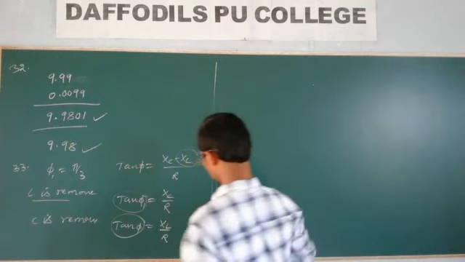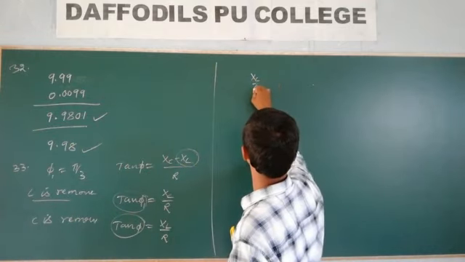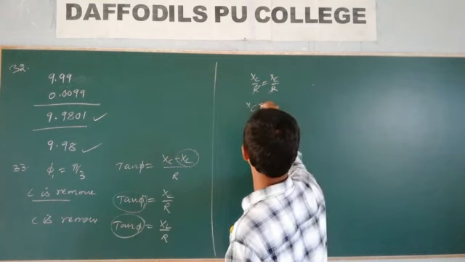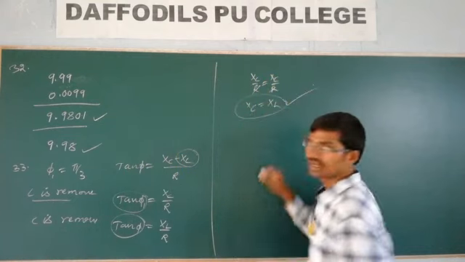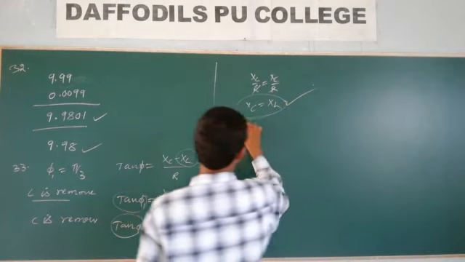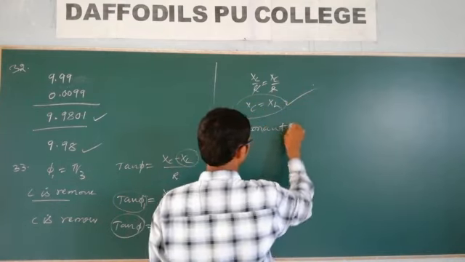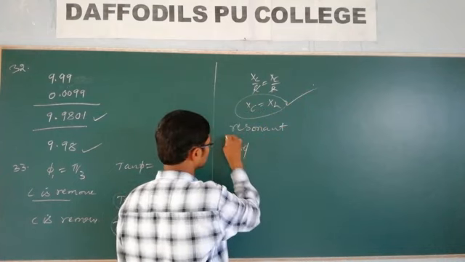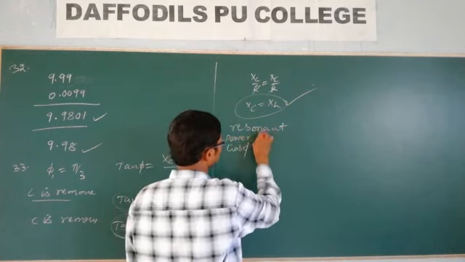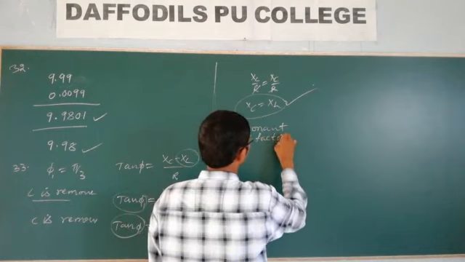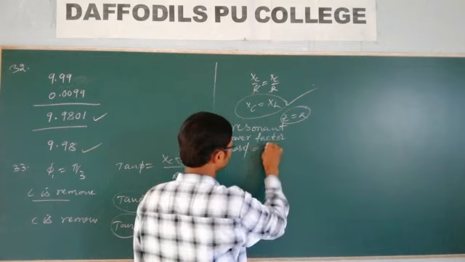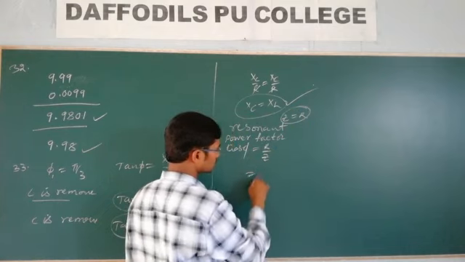Now, when C is removed, tan phi 2 is XL by R. But these two values remain the same, tan phi 1 equals tan phi 2. Then Xc by R is equal to XL by R, so Xc is equal to XL. That represents a resonant circuit.